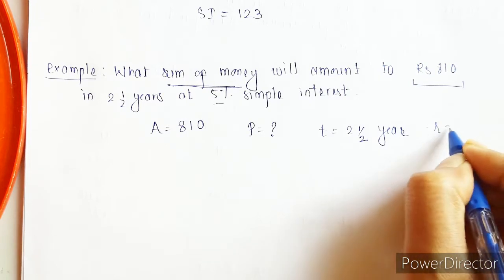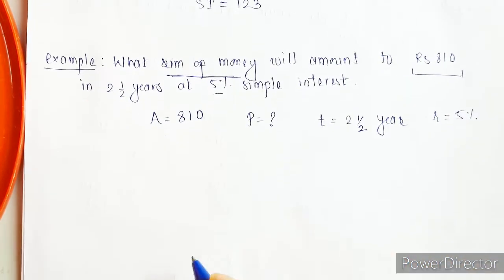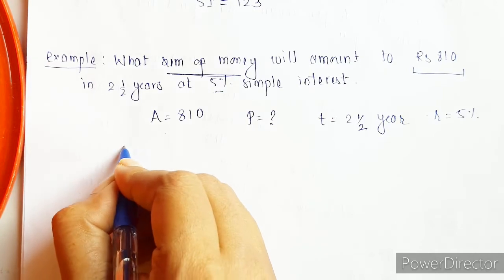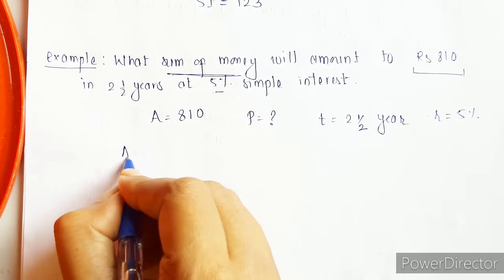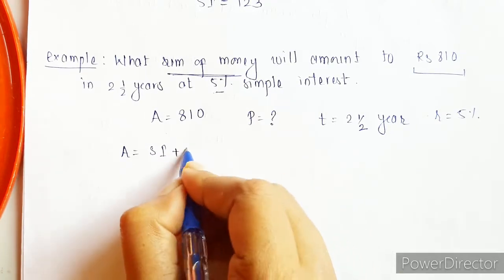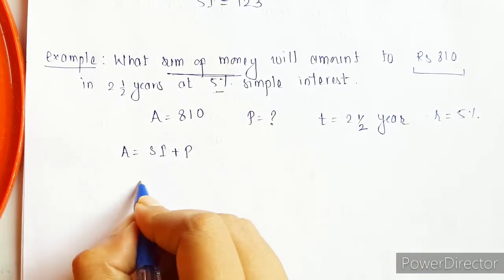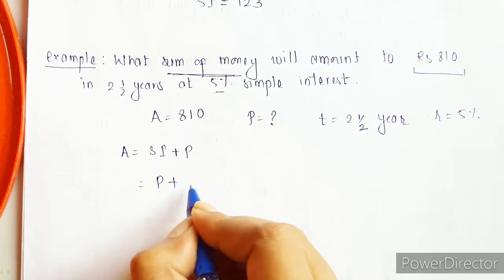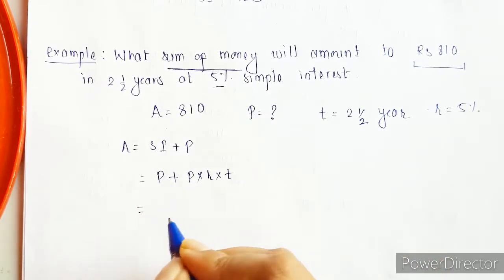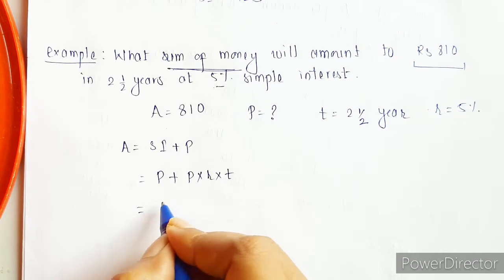So R is given as 5%. Now amount is nothing but simple interest plus principal. So principal plus simple interest is nothing but P into R into T. So let's just substitute.